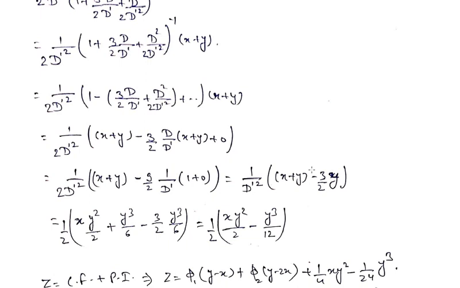Now we integrate this whole term with respect to y twice. So 1 by 2 x y square by 2 plus y cube by 6 minus 3 by 2 y cube by 6. Here 1 by 2 is already here.